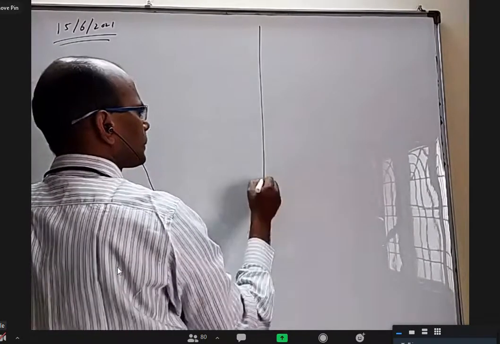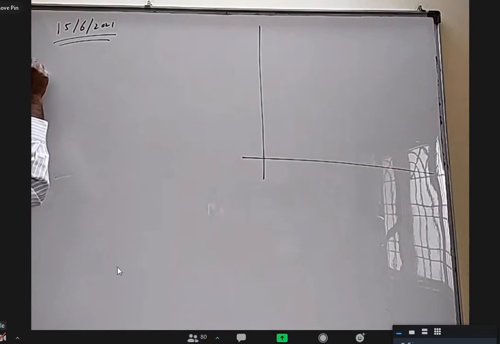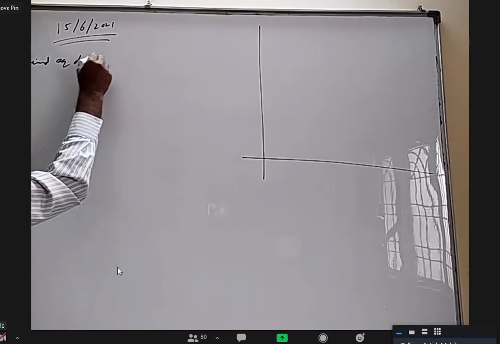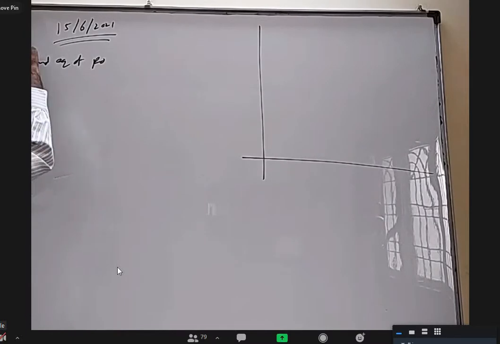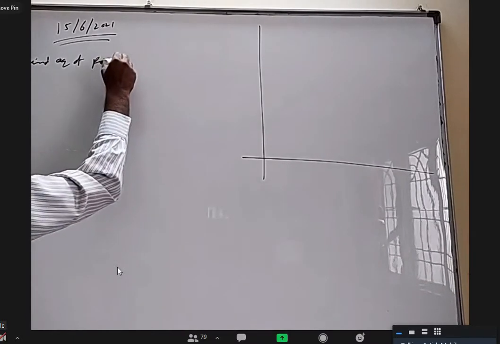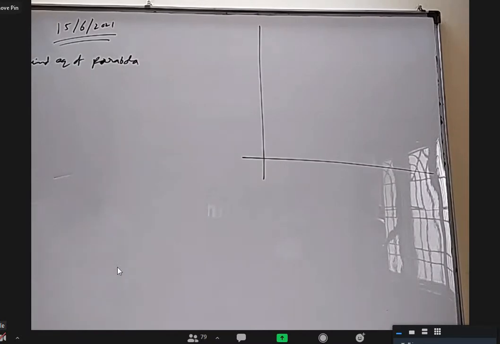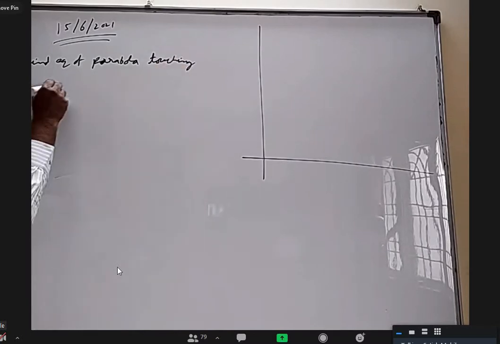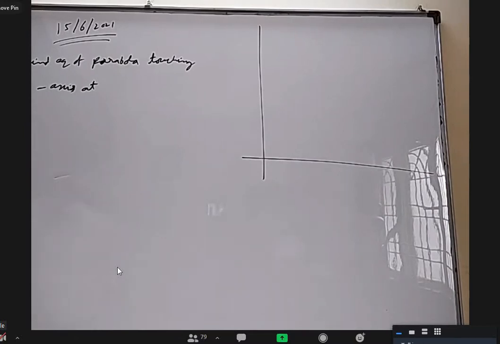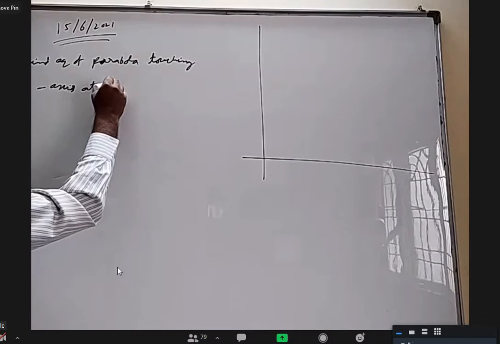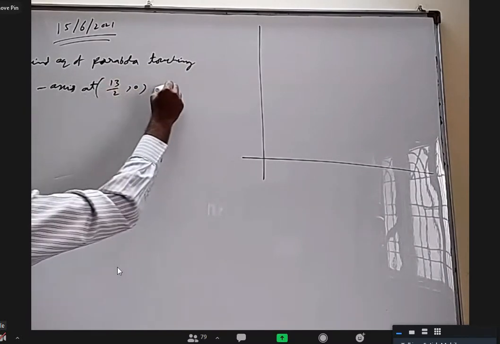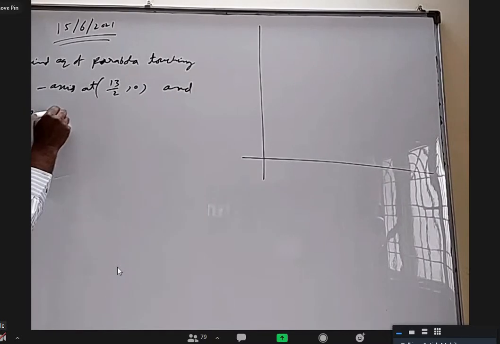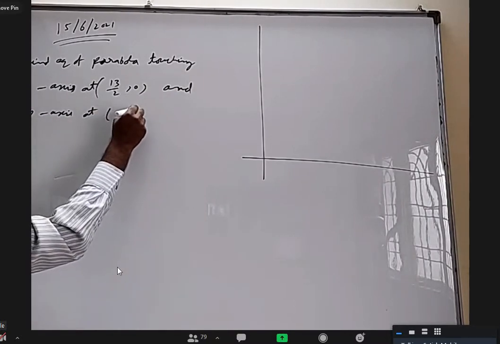So in the previous question I gave focus, right? Find equation of parabola. Write this question. Find equation of parabola touching x-axis at (13/2, 0) and y-axis at (0, 13/3).